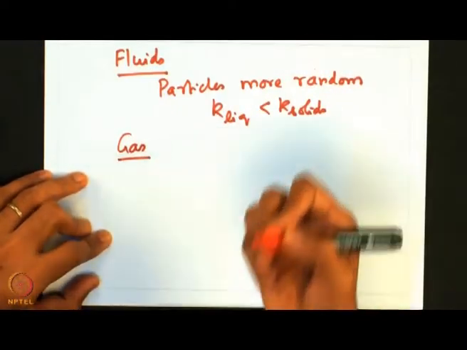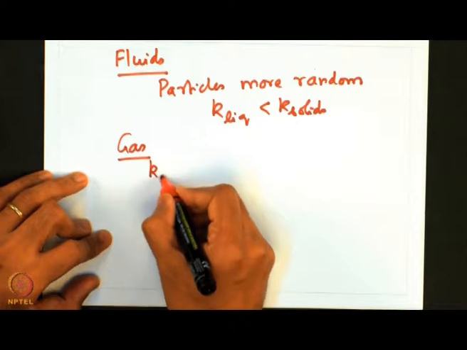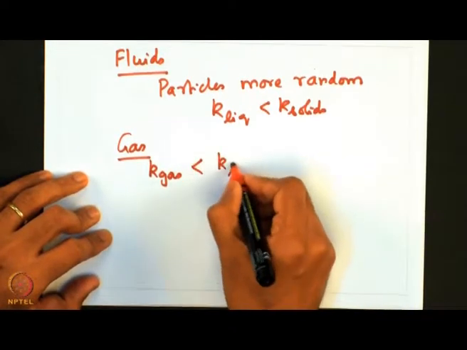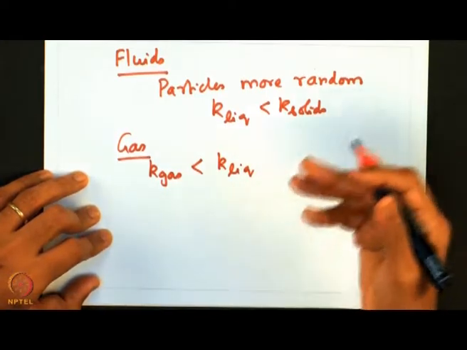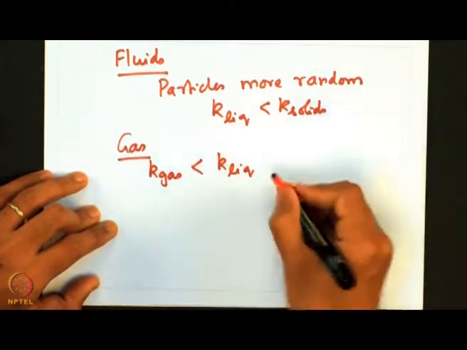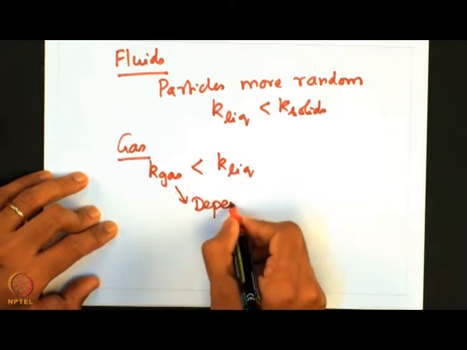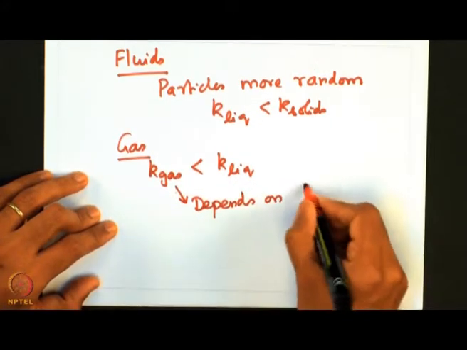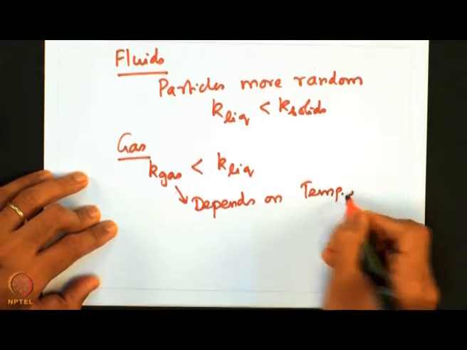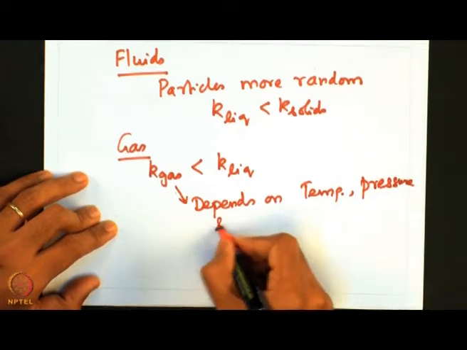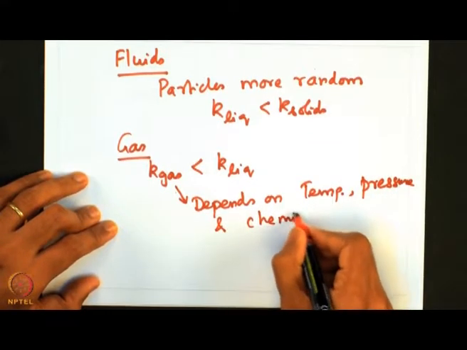So, let us consider gas systems. In a gas system, the conductivity is once again much smaller than that of liquids, because the particles are even more randomly packed, and it typically depends on temperature, pressure, and the chemical species itself.